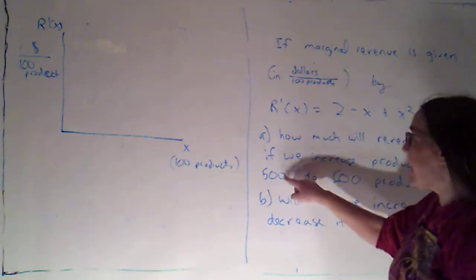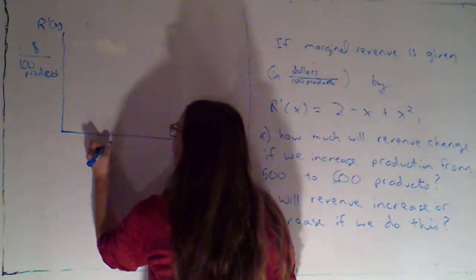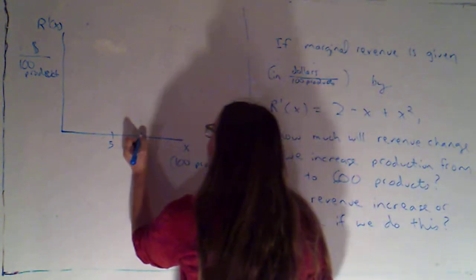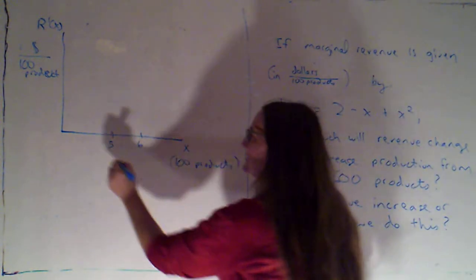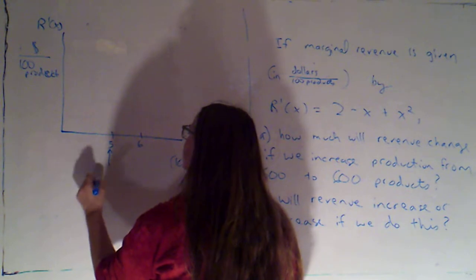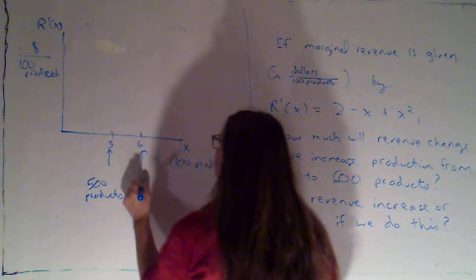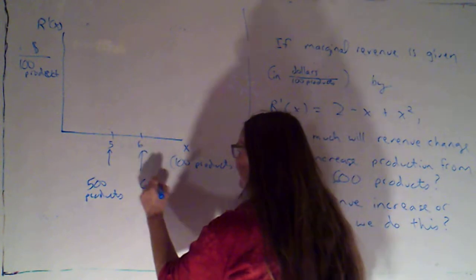So, if I'm making 500 products, I would say that's when X is 5. If I'm making 600 products, that's going to be when X is 6. So that 5 corresponds to 500 products, and that 6 corresponds to 600 products.